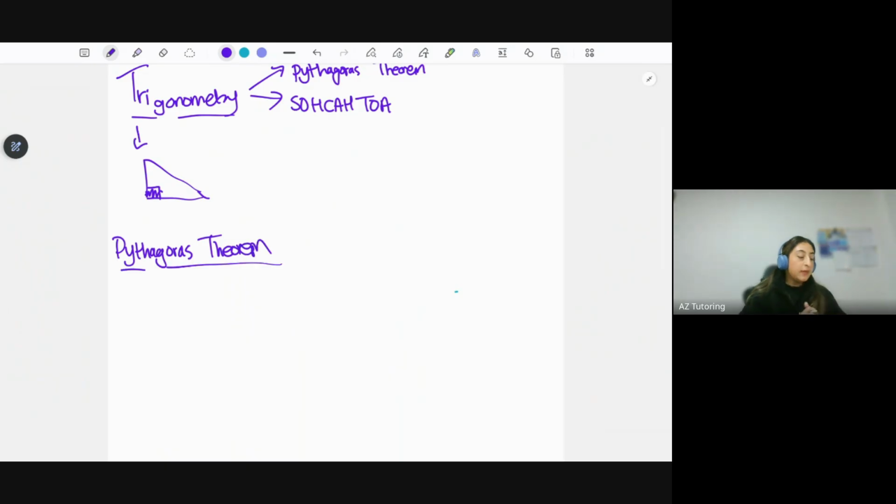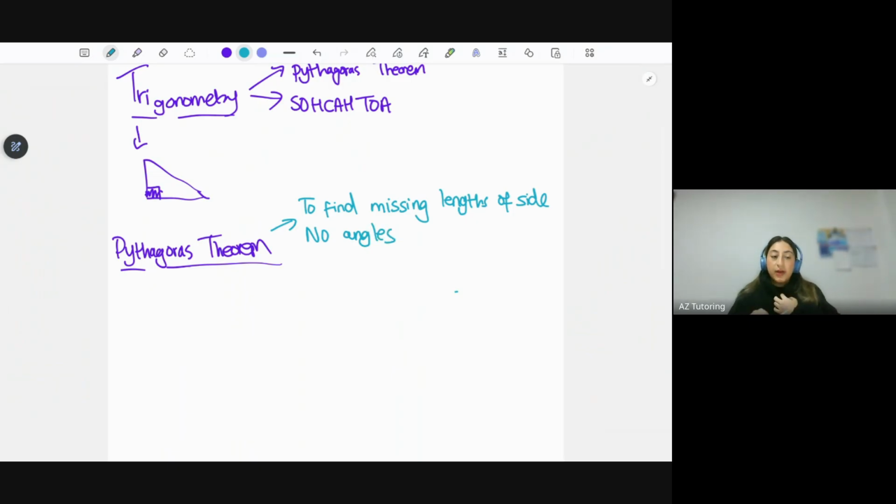Pythagoras' theorem is used to find missing lengths of a side. So it's not to find angles, it's only to find missing lengths, no angles. So you need to be wary of when you need to use it. If the question involves a right angle and angles, you know you're not using Pythagoras' theorem, you're going to be using SOHCAHTOA.